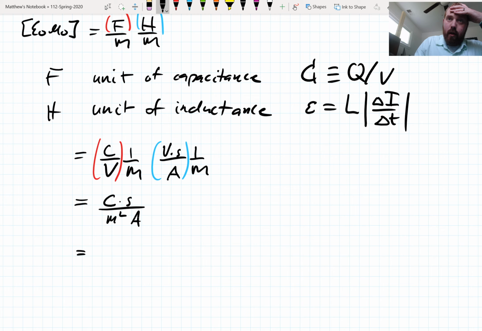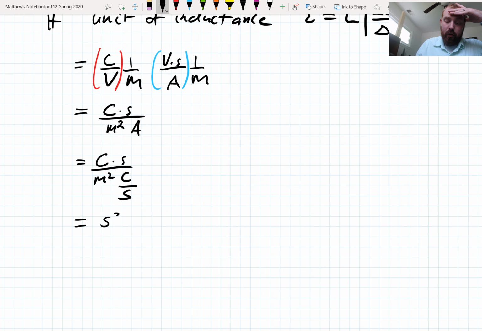And recall that an amp is just coulombs per second. So coulomb second per meters squared, and this is a coulomb per second. So we've canceled out the units of coulombs. We have this strange thing, second squared per meter squared.